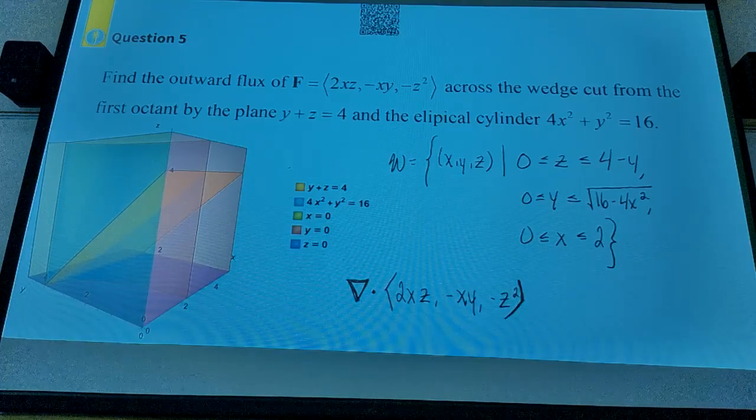Now we just need that divergence. What's the divergence? It's just negative x, isn't it?